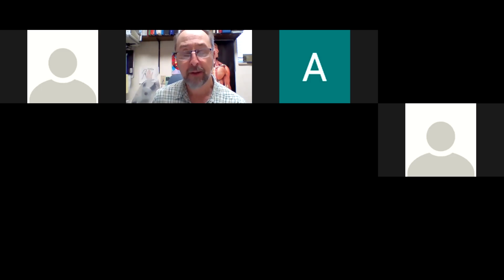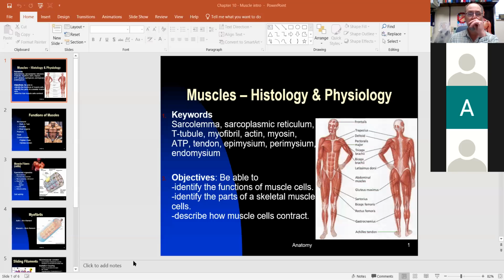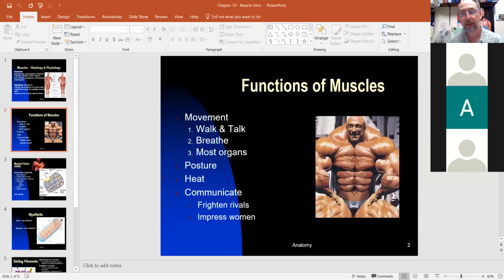All right, so the muscle chapter is a hard chapter. It's a long one. There's a lot of stuff in there. Let's look at some of that stuff. The chapter was muscle histology and physiology. I start every chapter or every new organ system the same way, talking about overall functions.